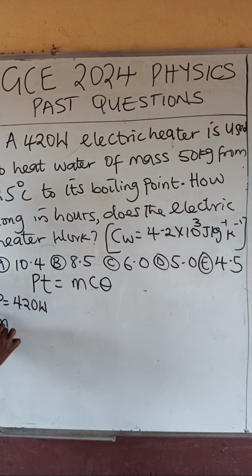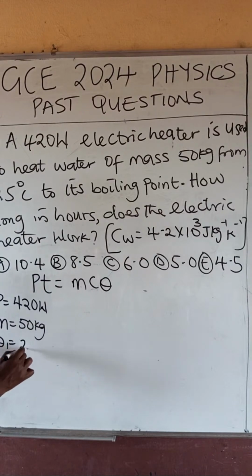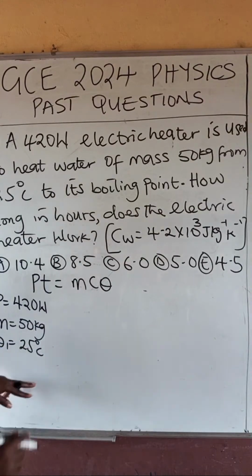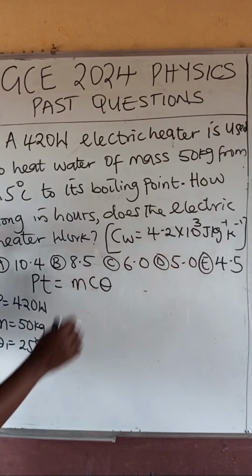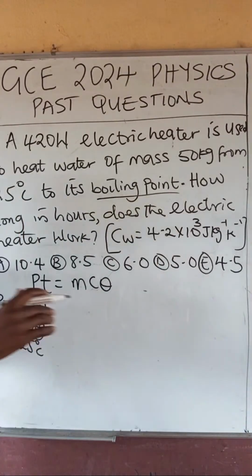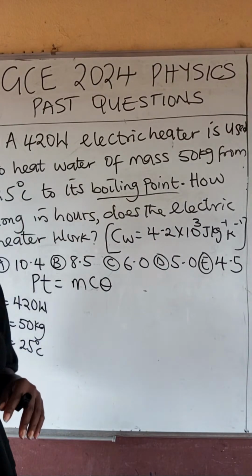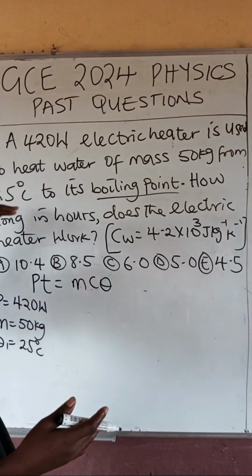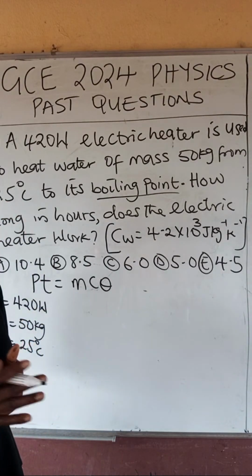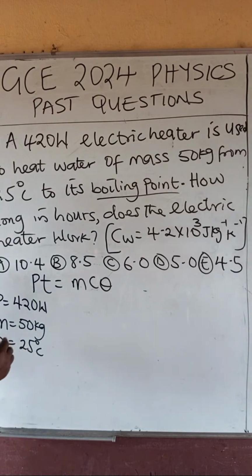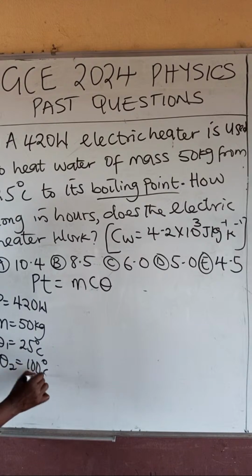Then I have my mass to be 50 kilogram. Okay. Then my initial temperature is 25 degrees Celsius. Once you hear boiling point, the boiling point of water is 100 degrees Celsius. Temperature goes from 25 degrees Celsius to 100 degrees Celsius. That becomes my theta 2. So theta 2 is 100 degrees Celsius.